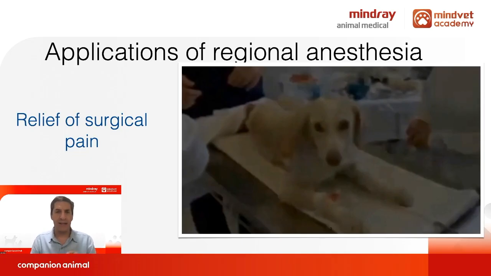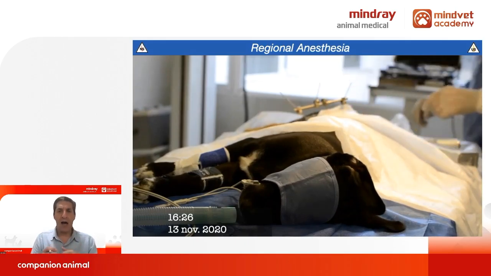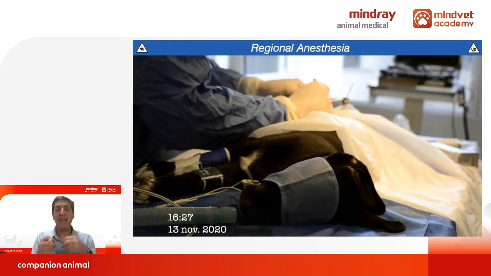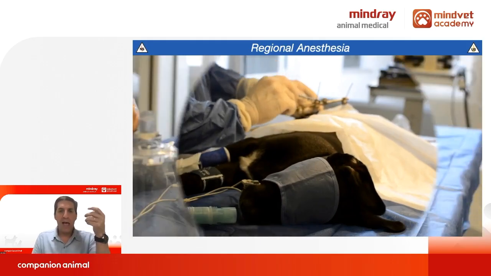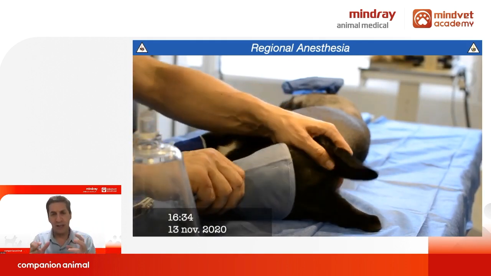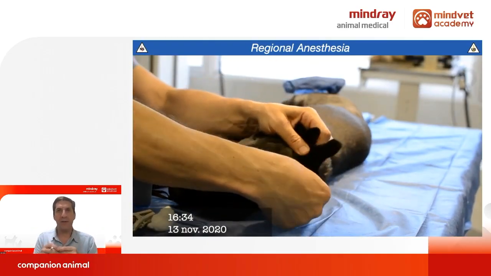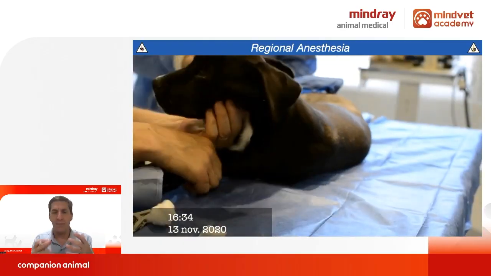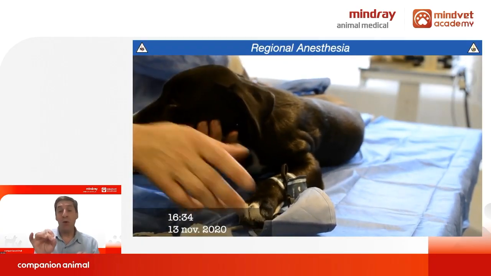However, and let me show another image, in this case we are performing an invasive procedure in a sedated patient. Of course, this is not a huge surgical procedure. We can perform this work with the animal in lateral recumbency, which is a comfortable position, but with only a small sedation.